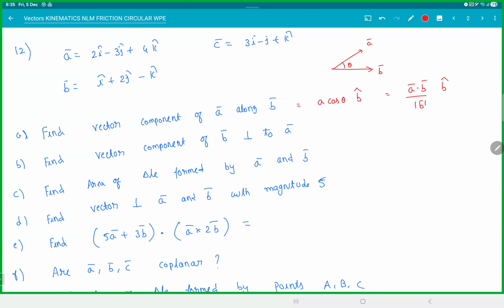Look at the second one. Here I'm asking a vector perpendicular to A bar. Now understand one thing here. Any vector can be written as B bar, which is B parallel plus B perpendicular. Isn't it?